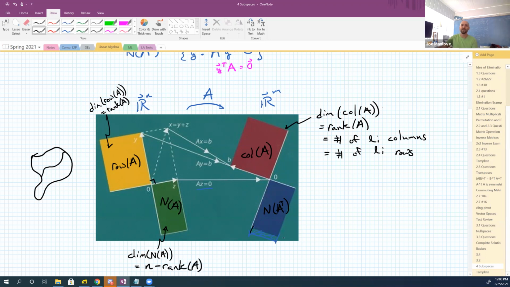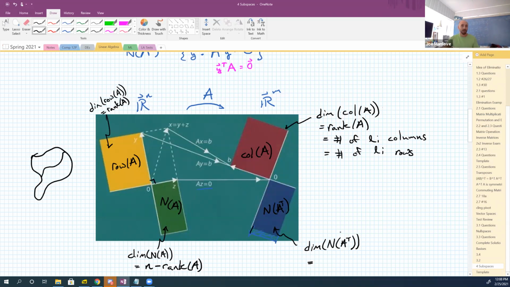Now, over here, I should be able to say a very similar thing. If I consider the transpose matrix, I'm looking for the dimension of the null space of A transpose, right? And I'm pretty sure that the counting theorem applies to A transpose too. I proved that for a general matrix. It didn't have to be A or A transpose.